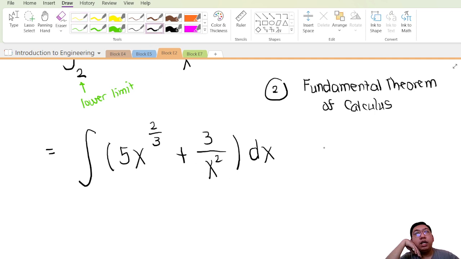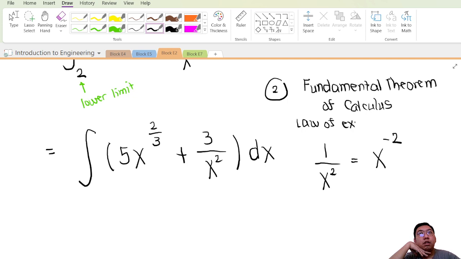So what you can do is use the rules of exponents, wherein 1 over x squared is like saying x to the power of negative 2. This is the index laws or law of exponents. Remember that one. If you remember that law, you can rewrite everything so that you get rid of the denominator and just multiply x to the power of negative 2 beside 3.